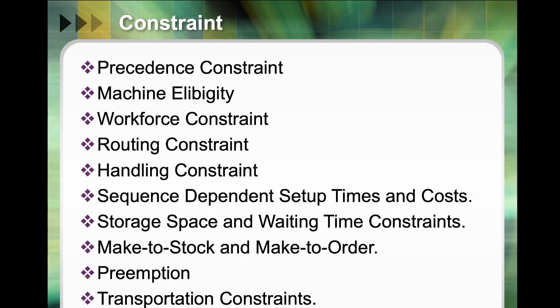Now if job A is finished and then job B goes to the machine, it will incur a setup cost. This setup cost of job B depends on which job was already finished before on the same machine. In this case it is job A.